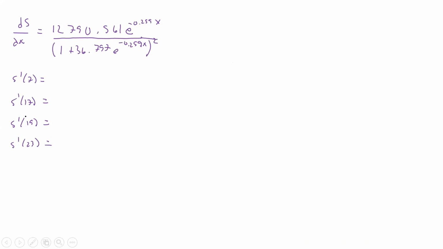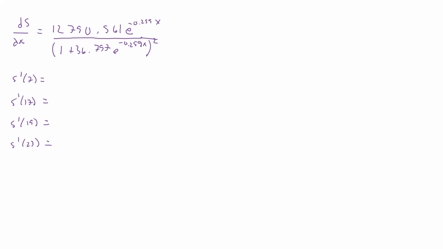All right. So now we just plug it all into our calculator. And so we'll take 12790.561 times e to the negative 0.259 times 7.